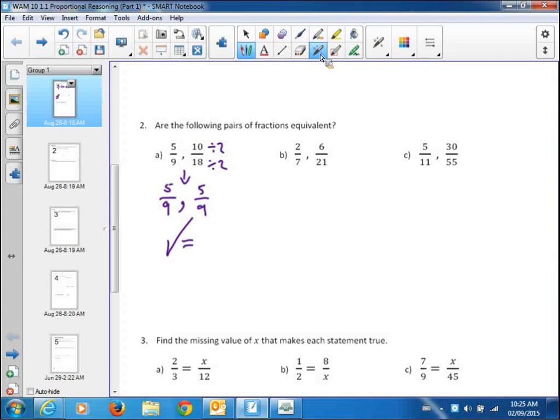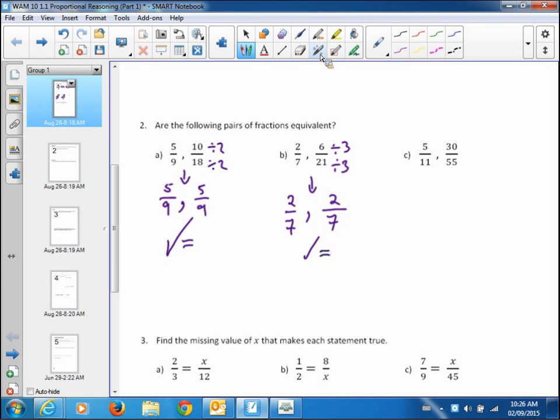What would you divide 6 by to make it 2? 3. 6 divided by 3 is 2, right? Now, if I divide the top by 3, I divide the bottom by 3, because what you do to the top, you do to the bottom. That's kind of an old-fashioned rule. I got 2 on top, and 21 divided by 3 is 7. So this works.